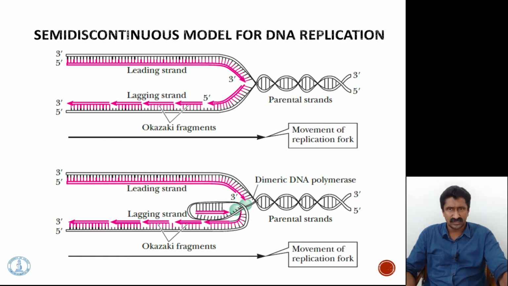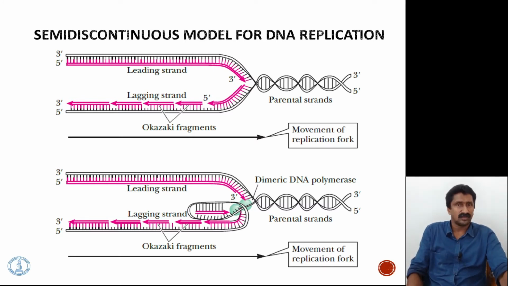So how is the lagging strand synthesized in the opposite direction, because the DNA polymerase is moving in one direction, the 3'5' direction of the leading strand, continuously without moving back? During that process, the lagging strand is also synthesized in the opposite direction, which requires a movement of the DNA polymerase in this direction.